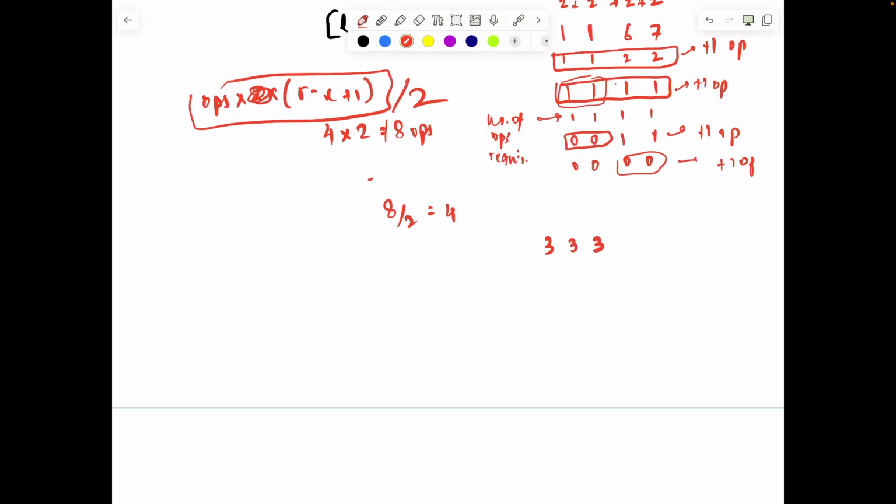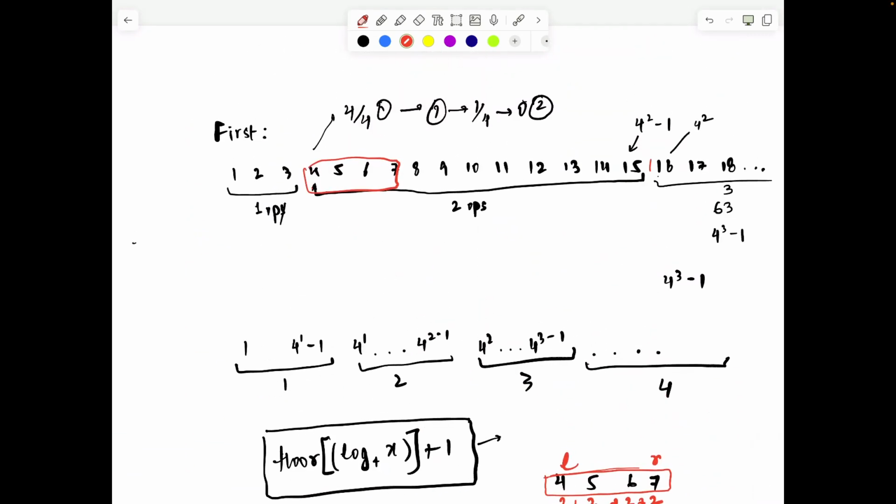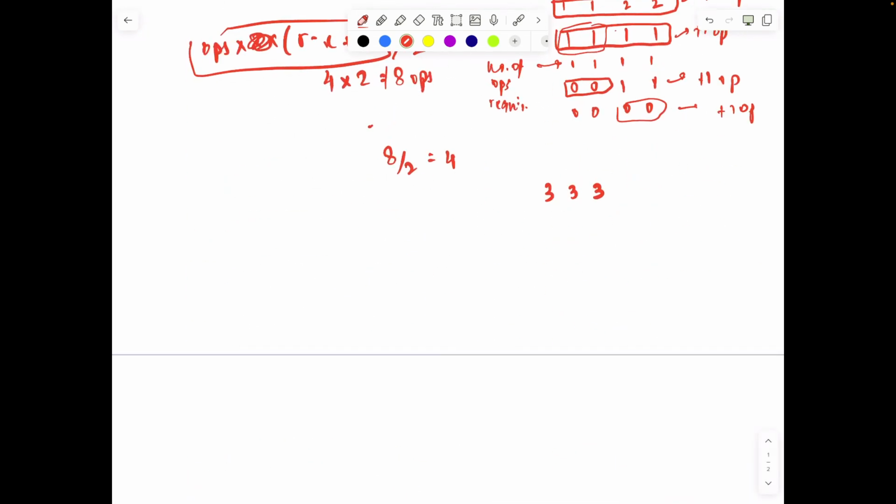Suppose the L range was somewhere from here. So this is three ops. So let's say it was 16, 17, and 18. So it required three operations for all of them. So how are we going to go about this? This 3 represents how many operations each number requires, right? So in the first operation, we reduce this by something, and now we have 2 ops left, and 3 ops left, right?